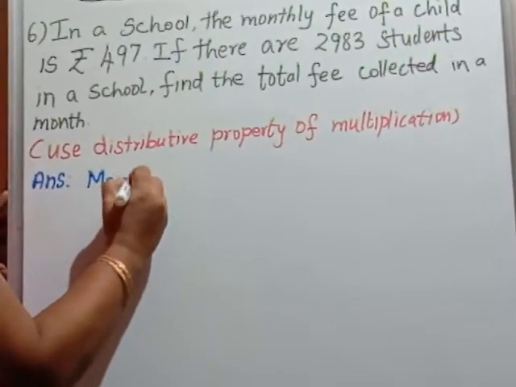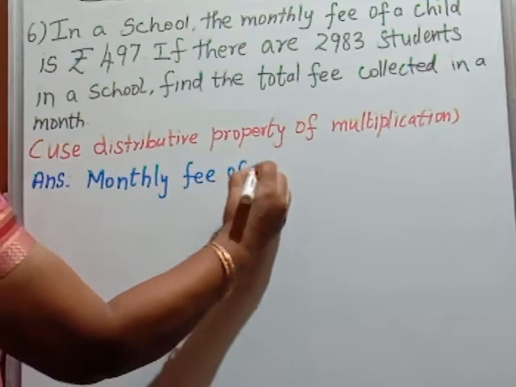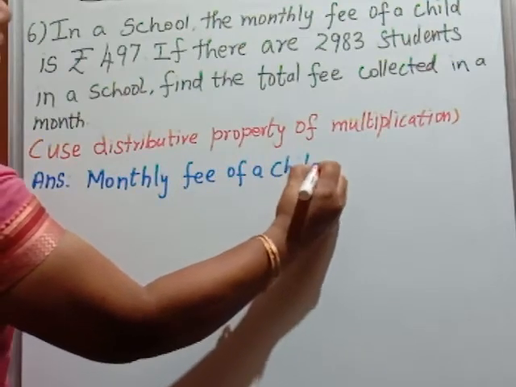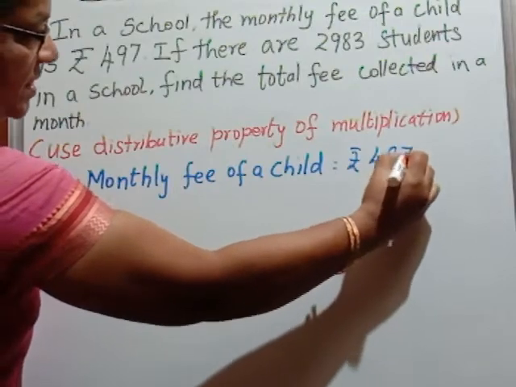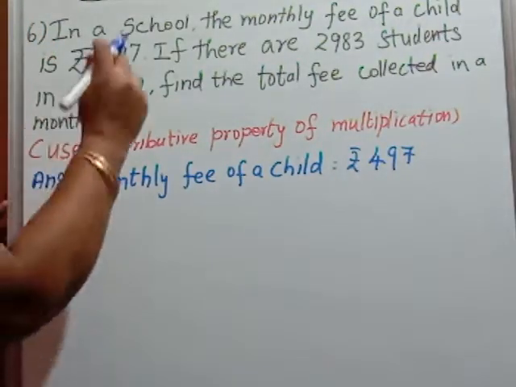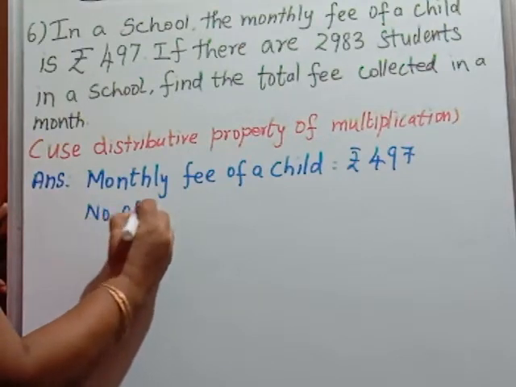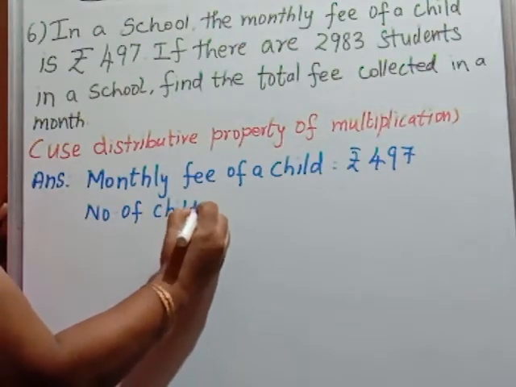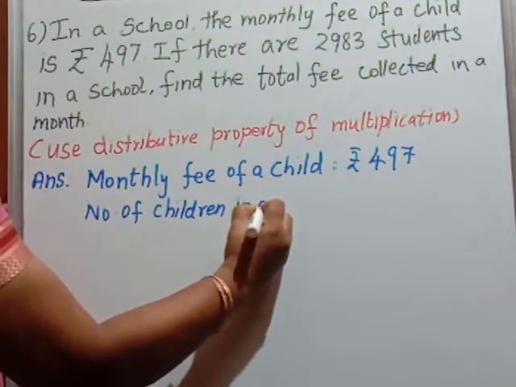Monthly fee of a child. How much is each child's monthly fee? 497 rupees. How many children are in the school? Number of children in a school.